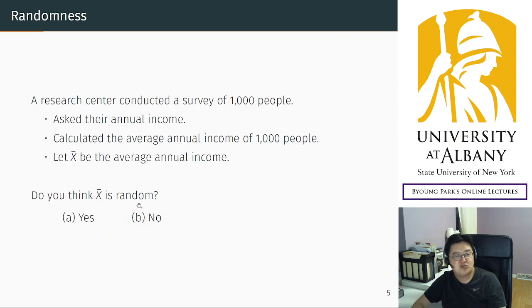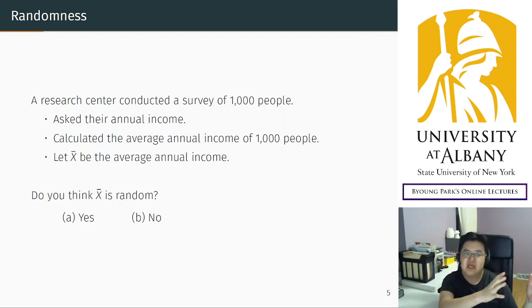What I'm going to do here is totally change the concept of experiment. Now, an experiment is a survey. Think about surveying 1,000 people and asking their annual income, and the outcome from that survey is the average annual income. There is no difference in the structure.